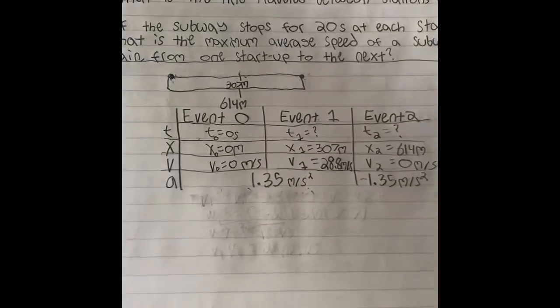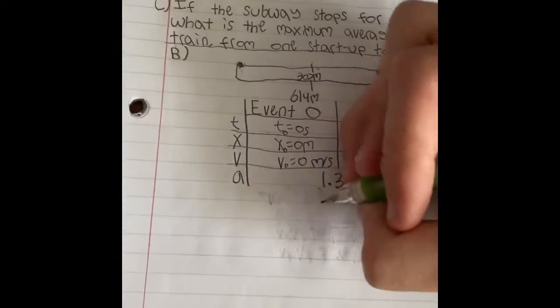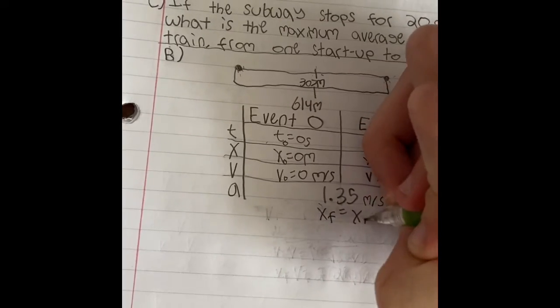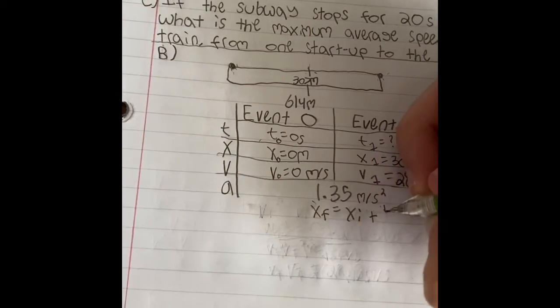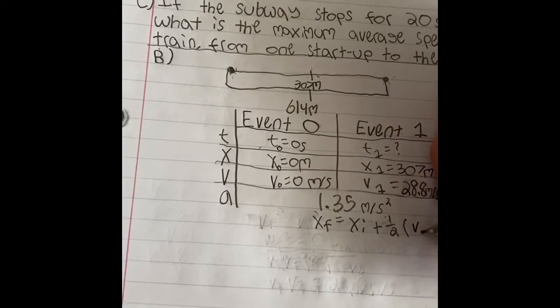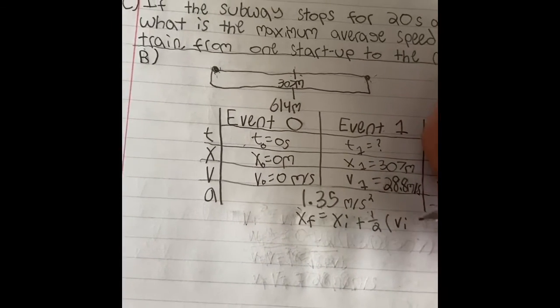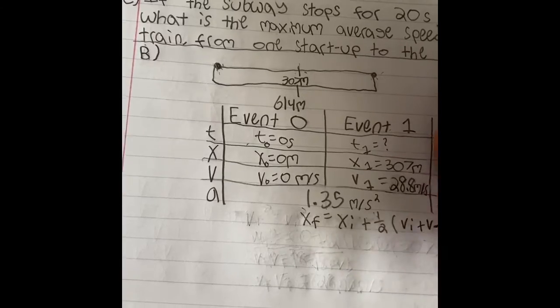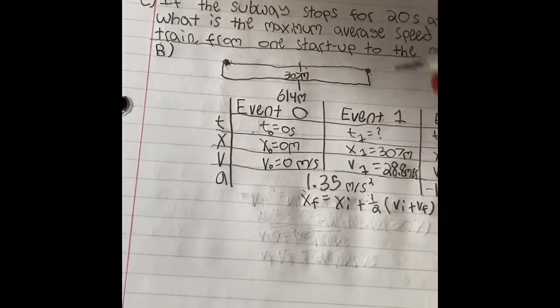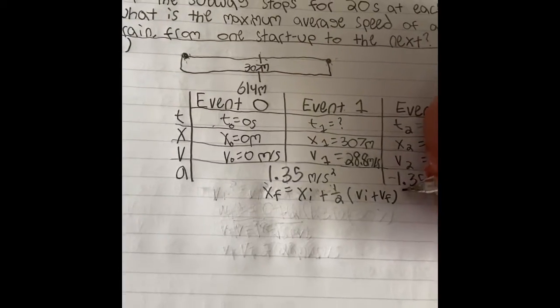So the way we want to set this up is xf equals xi plus 1/2 times the initial velocity plus the final velocity, from event 0 to event 1, times t.